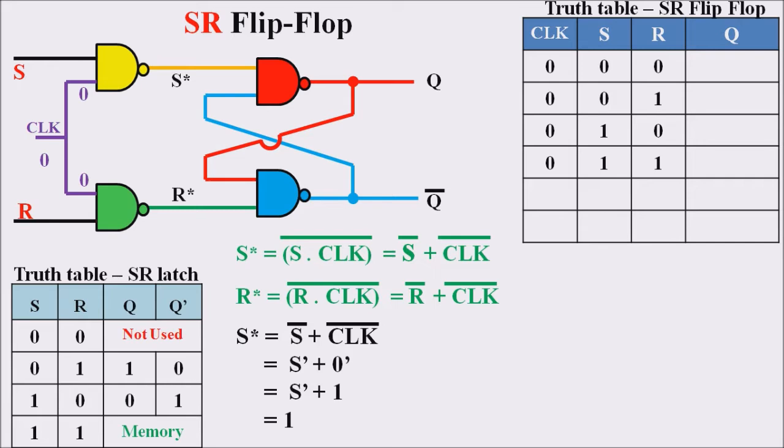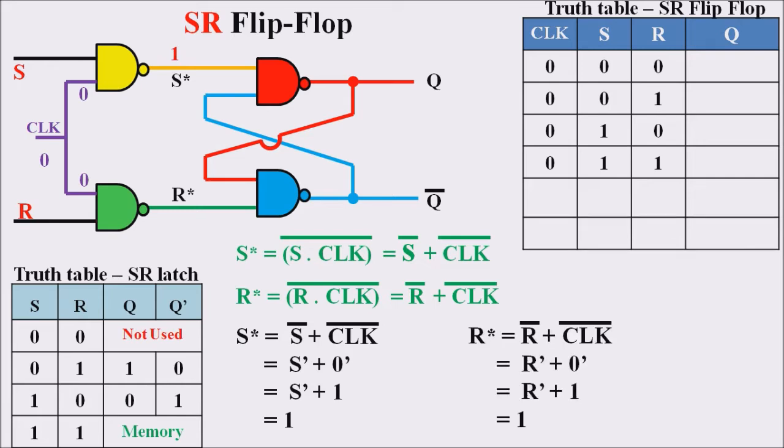Thus, S star will be 1 if we provide a clock signal of 0. Similarly, R star is equal to R complement plus clock complement, which is R complement plus 0 complement, that is equal to R complement plus 1. Simply, R star is equal to 1 itself.